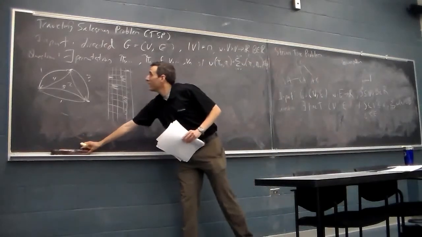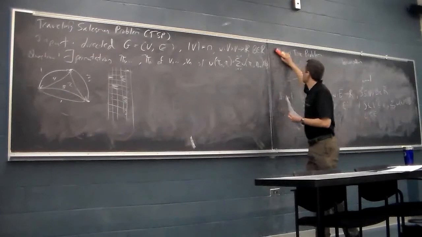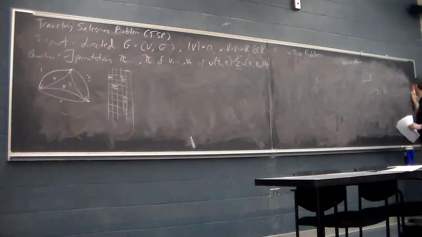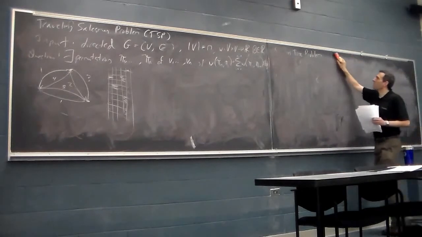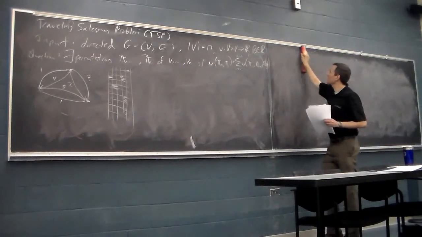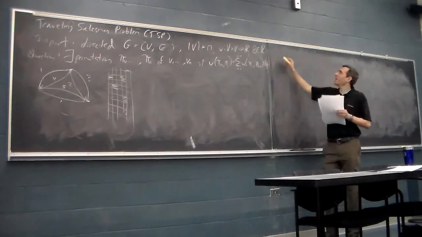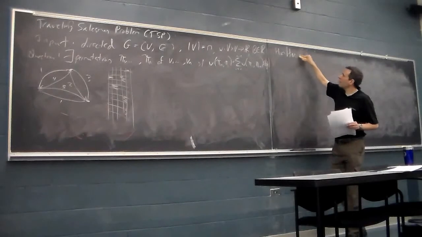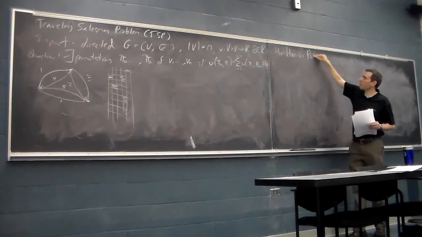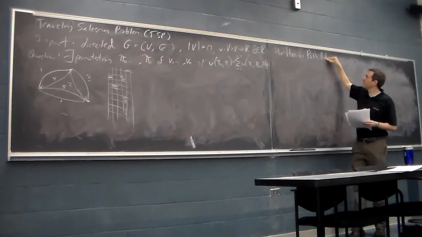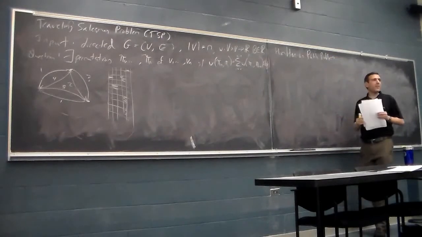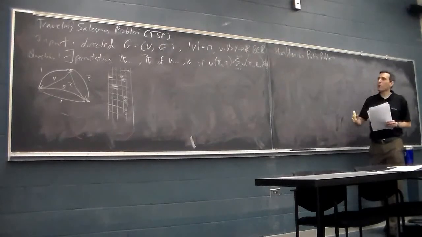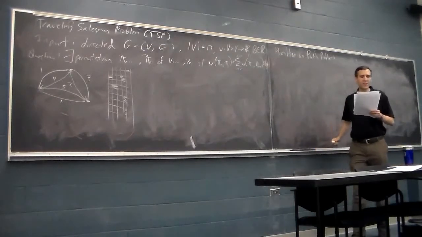So this problem is related to another graph problem. This one actually doesn't quite have a straightforward optimization version, but it's another good one to be aware of, and we'll also see this in some context related to genetic sequencing. And that's something known as the Hamiltonian path problem. So the Hamiltonian path problem is also a problem that has to do with walks or tours among the vertices of a graph.